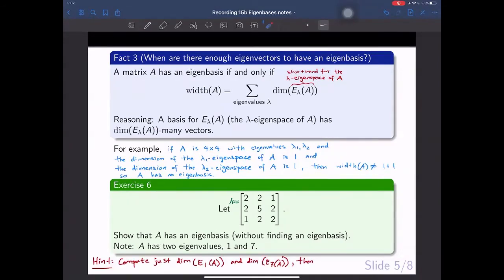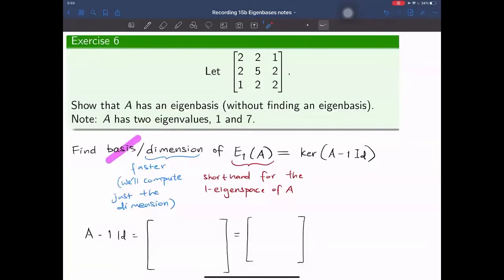Compute the dimension of both eigenspaces, but without actually finding bases, and then use this fact number 3. So first, I will find the dimension of the 1 eigenspace of A. It's possible to just find the dimension sometimes without actually computing a basis. So I will try to just do that.